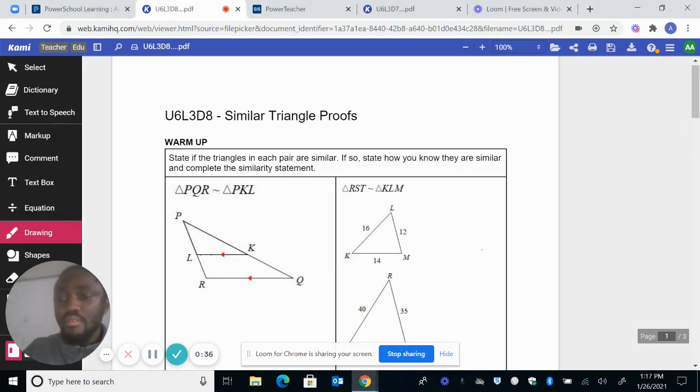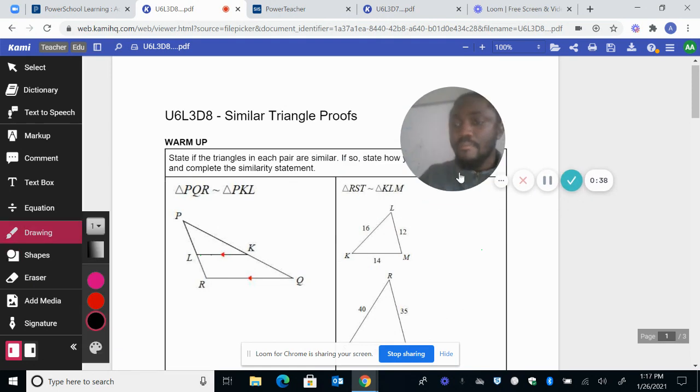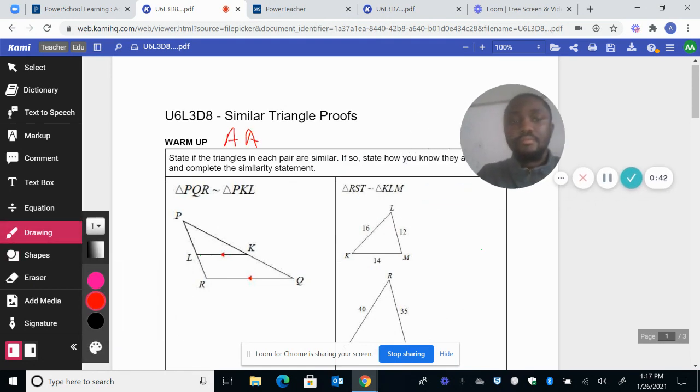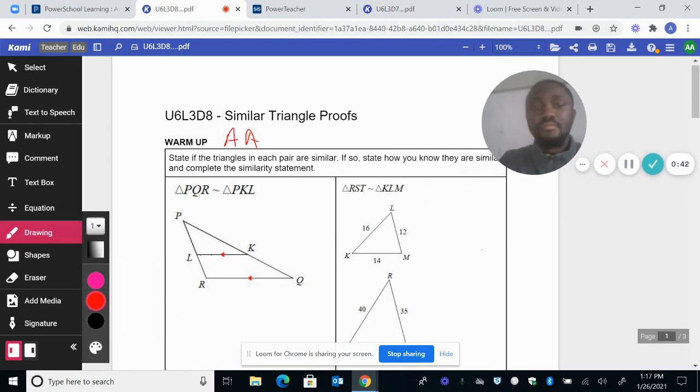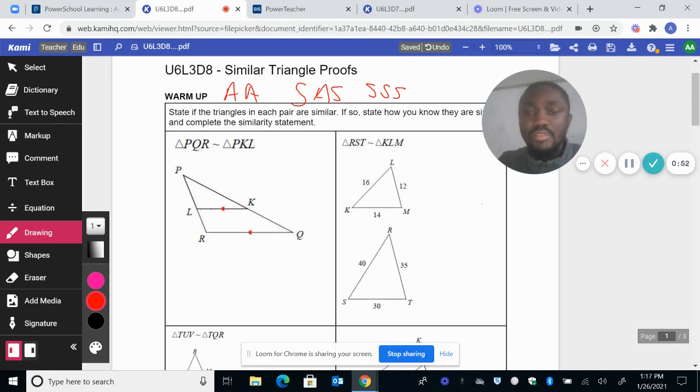So it's going to be angle, angle, side, angle, and side. Here we're going to use those three ideas to solve all these problems.